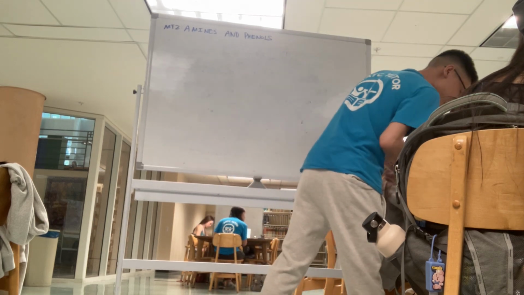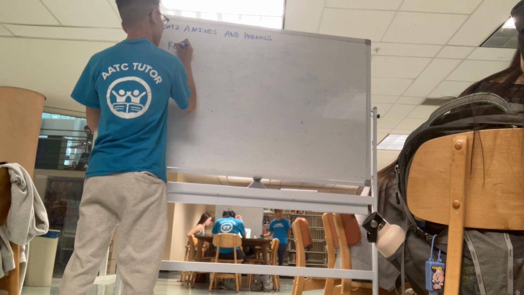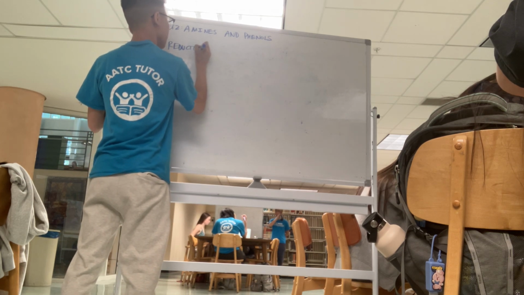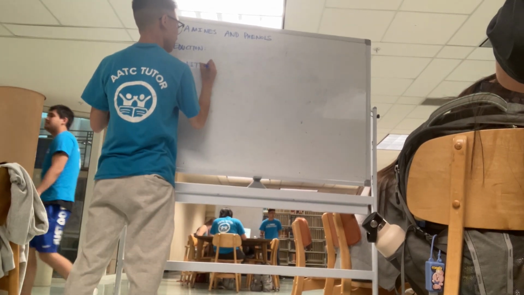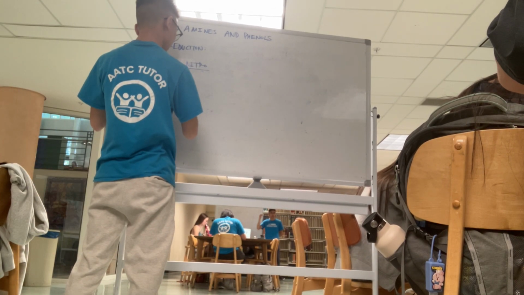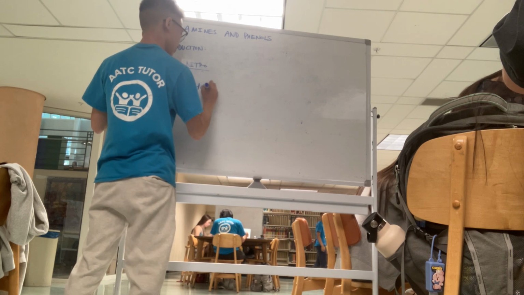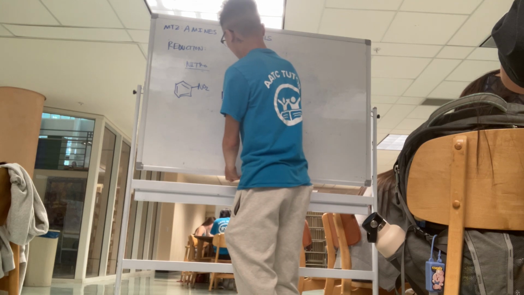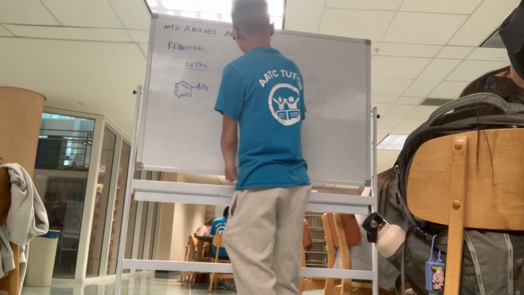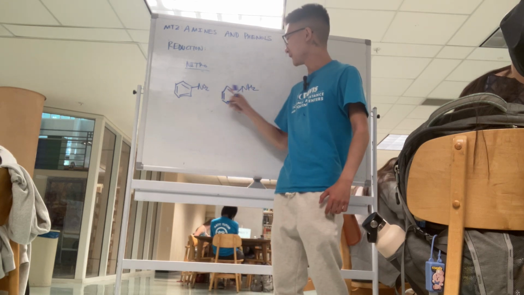Okay, so the next thing is going to be reduction reactions. Right, we could reduce a nitro group from a benzene ring to make this amine here, aniline. And there are two reagents, reducing reagents, that could convert this nitro group into this aniline here.